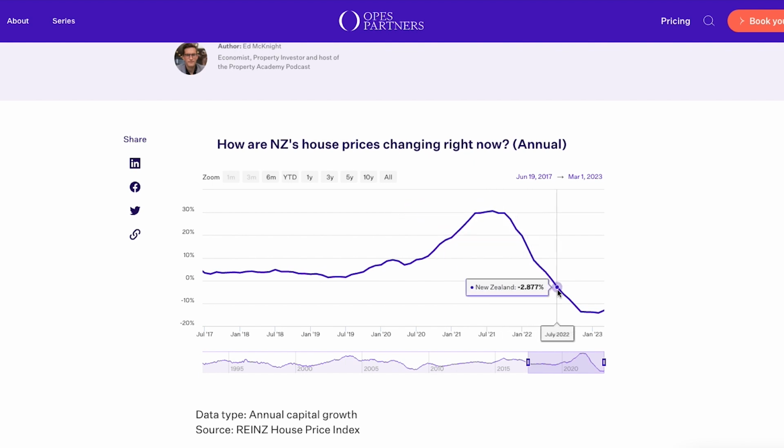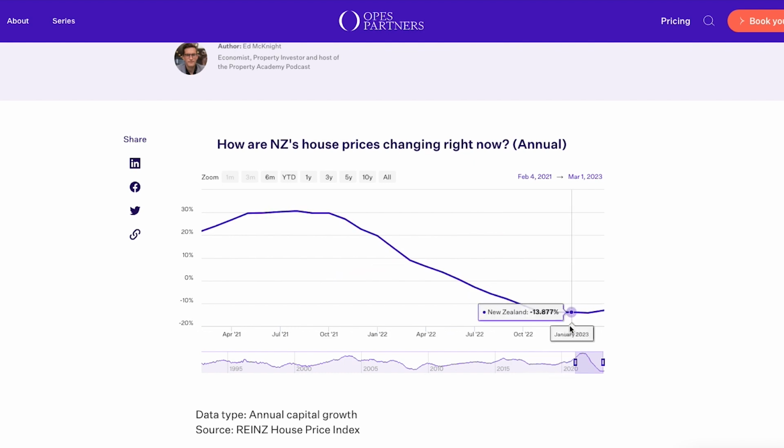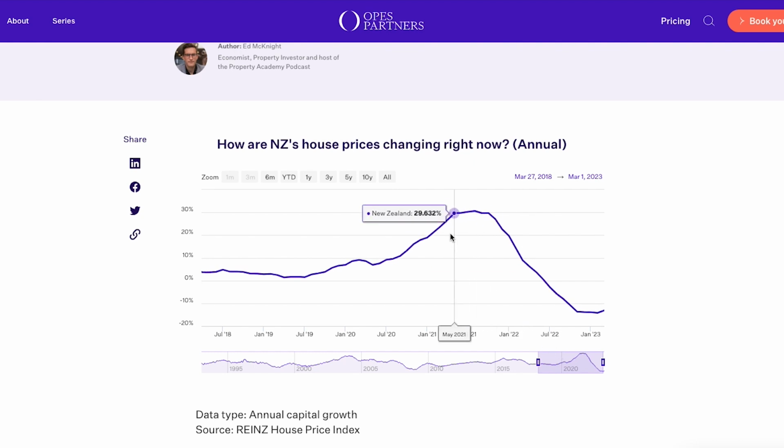Now the story really has changed. In fact, at their worst, New Zealand house prices were falling by just over 14% in a single year. Now, what's interesting is if I zoom in, you can see that it's just starting to come up a very little bit. So this is kind of an early sign that perhaps we're going to see those numbers turn around.